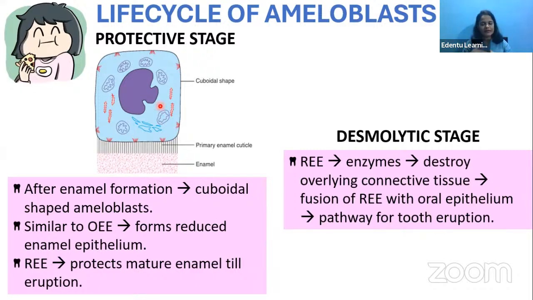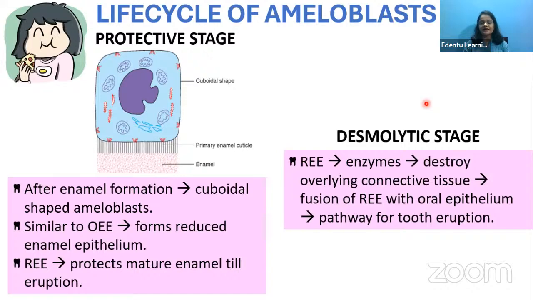Already the enamel is laid down, so the reduced enamel epithelium acts as a protection for this already formed enamel matrix. Now, the last stage is the desmolytic stage, which is just before the eruption. The reduced enamel epithelium secretes lots of enzymes.